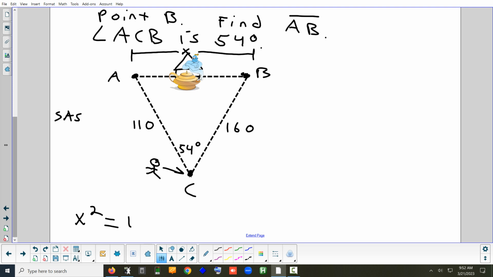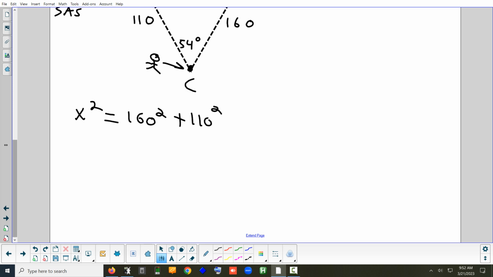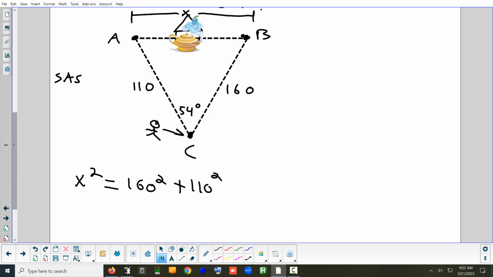160 squared plus 110 squared. 160 squared, yep. Plus the other side squared. Okay. And then there's 2 times 110 times 160, 2 times the product of the sides that you just put right there, times the cosine of 54. Times the cosine of the angle across from the side that you started with, which is 54.